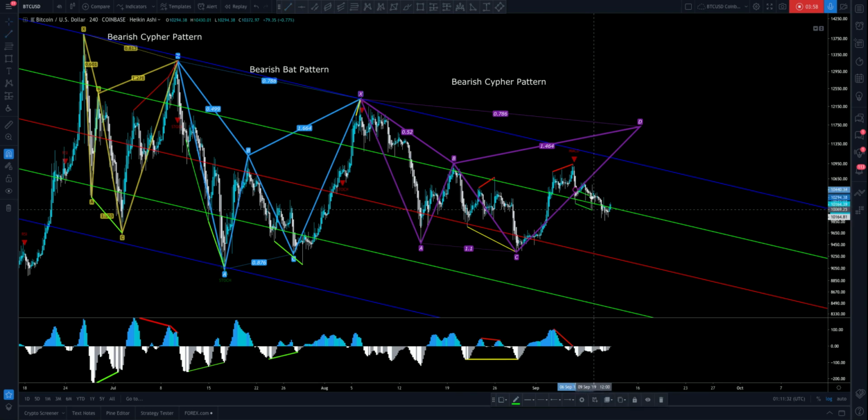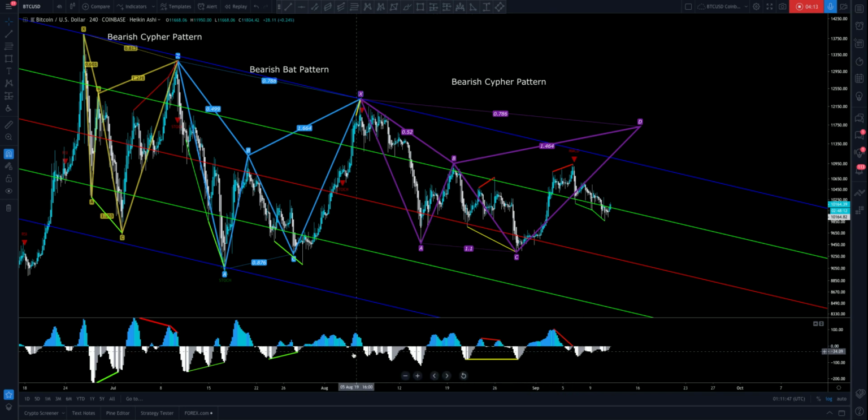The thing I would only like to see better would be the fact that the oscillator down here, these histograms, they aren't separate islands. And what I mean by that is you'll see here how you have one and it's separated by negative momentum. You have a new island. This has basically just been one continuous bit of negative momentum.